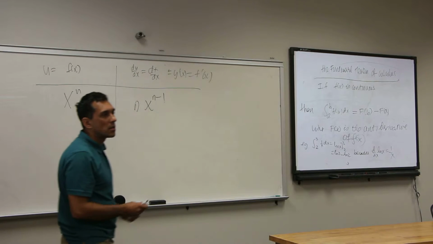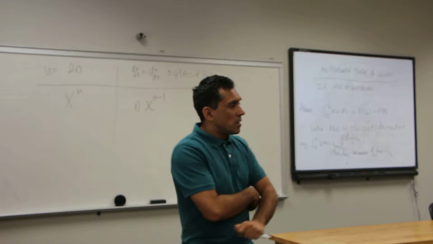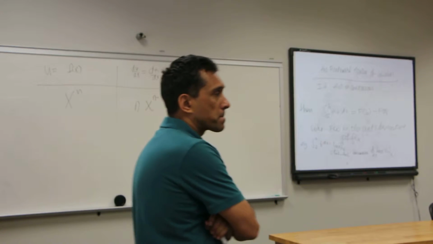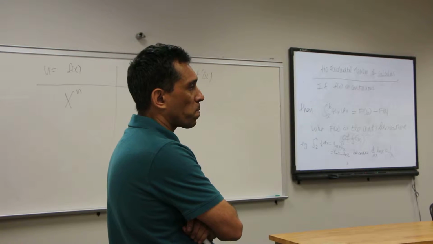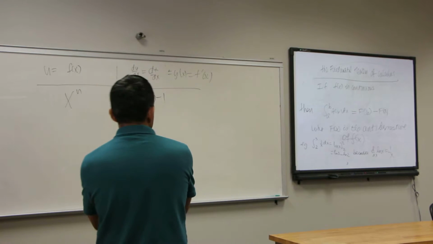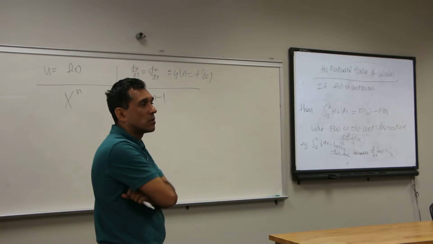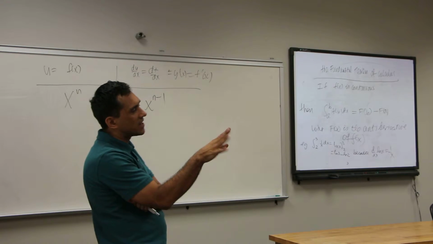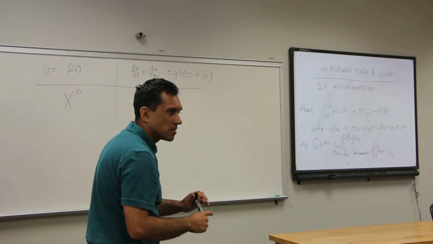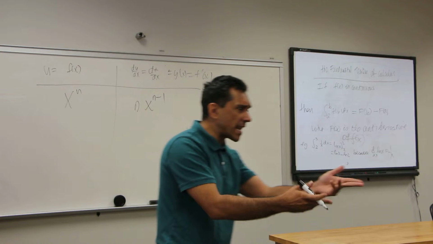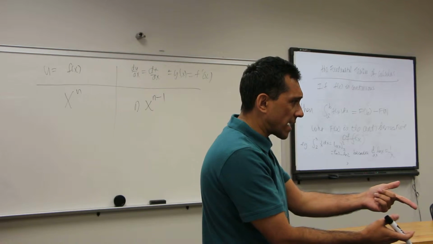What else? Power. That's the power. Quotient. No. Table of derivatives, table. Sin x, cosine x, e to the x, tangent x, sine inverse x.